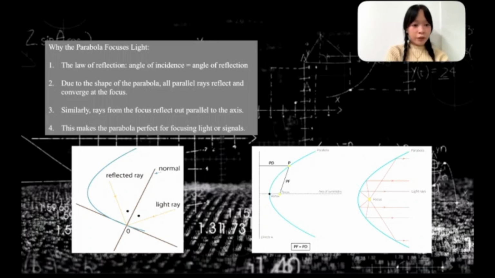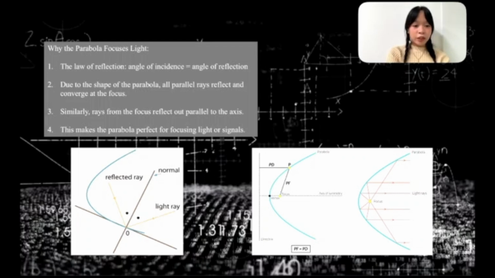Because of this two-way reflection behavior, focusing parallel rays to a point and transforming rays from a point into parallel beams, the parabola becomes an extremely powerful tool, and this is why parabolic shapes are used to concentrate energy not only in the form of light, but also sound waves and radio waves.